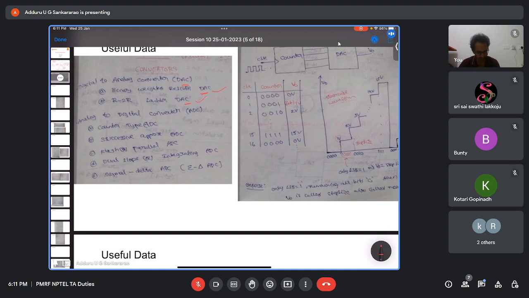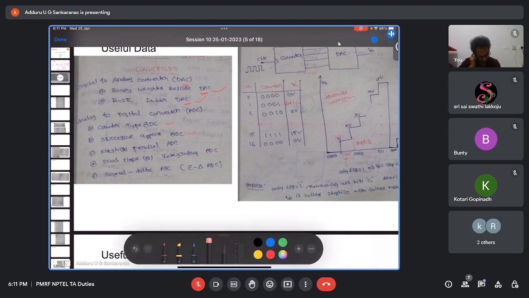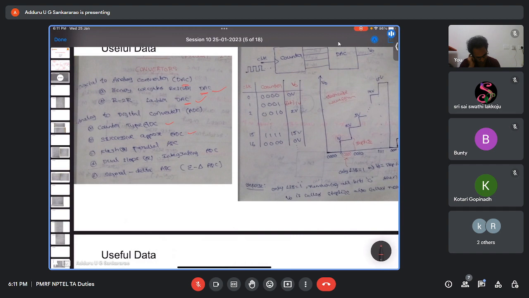After that, for analog to digital converters, we will see counter type, successive approximation, parallel or flash ADC, dual slope ADC, sigma delta ADC, like that. Different types are there. Maybe we'll touch upon the first, second, third, and fourth.